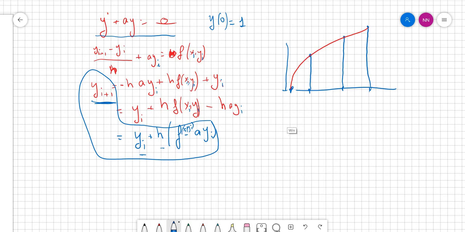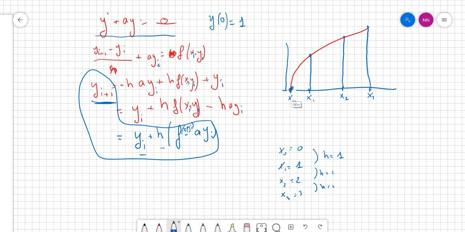So it's for us to choose which x_i's we want to use to calculate the corresponding y_i's. We say, okay, we will start with x0 equal to 0, then x1 equal to 1, x2 equal to 2, x3 equal to 3. So our step size is 1 each time, and we start at x0.